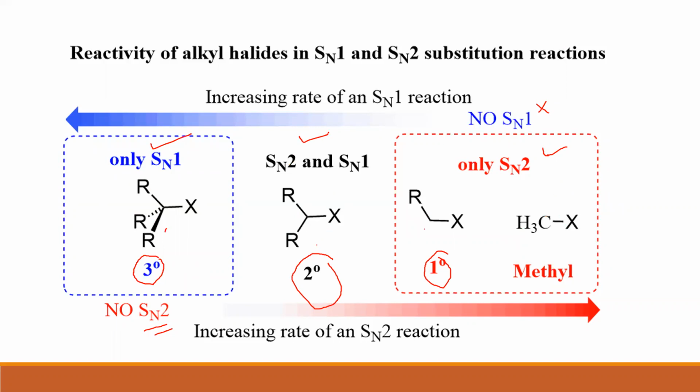So this slide gives you a better picture as to who will undergo SN1, who will undergo SN2, and who will undergo both. Tertiary will always undergo SN1 only. Primary will only undergo SN2. Whereas a secondary will undergo both SN2 and SN1 mechanisms. Clear?